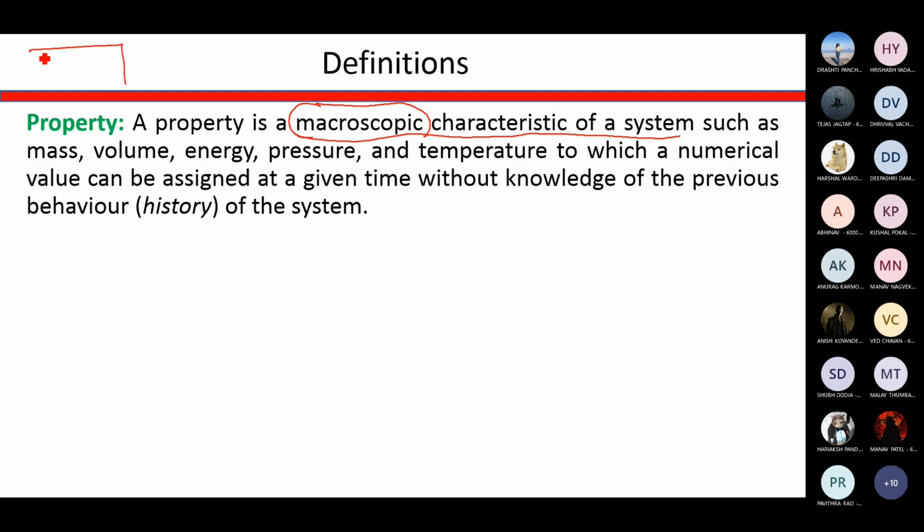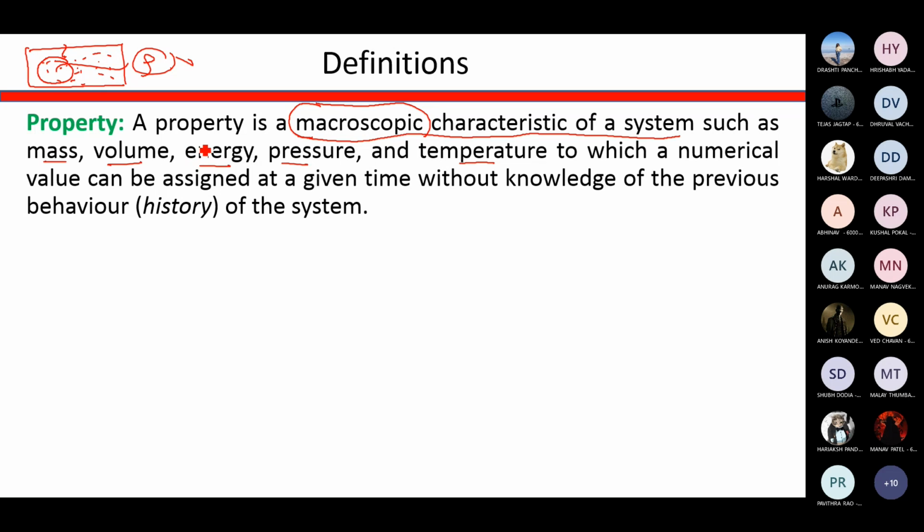right? So in this system, let us say gas is there. I am not defining what is density at this position or density at that position, something like that. I am taking a large number of molecules together and I am simply defining density, right? So density can be thought of as a macroscopic characteristic of your system. So quantities like mass, volume, energy, pressure, the temperature, for all these properties, you can have a definite value.